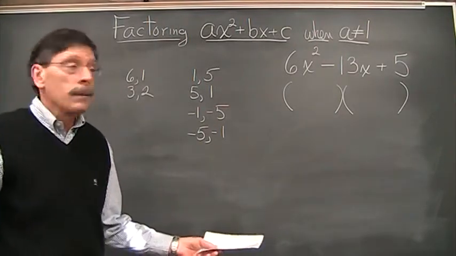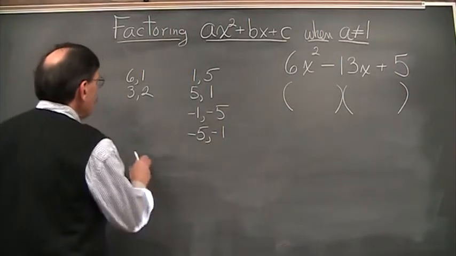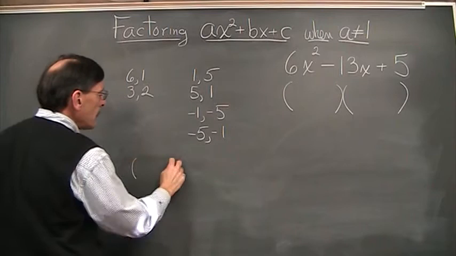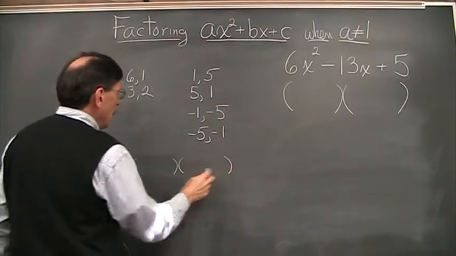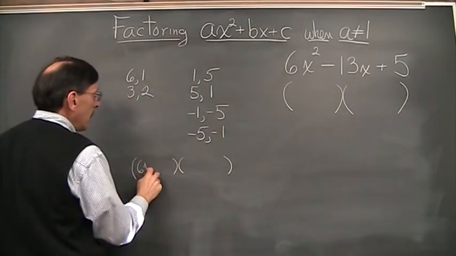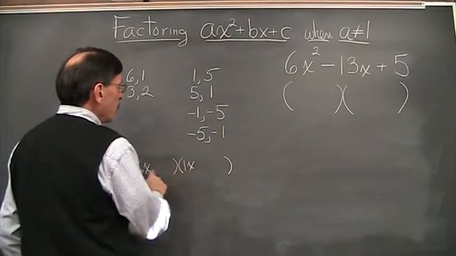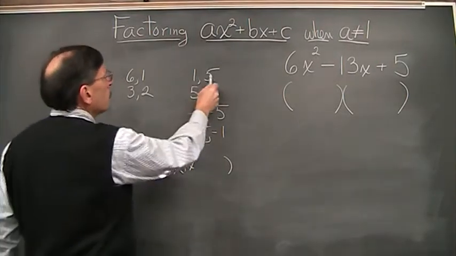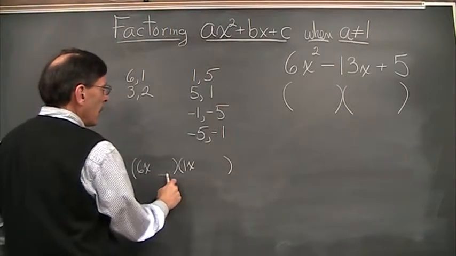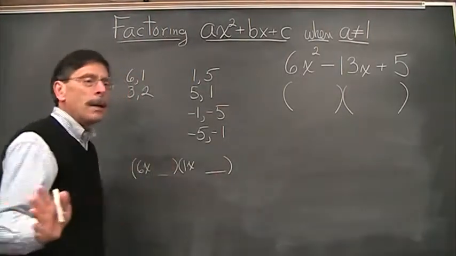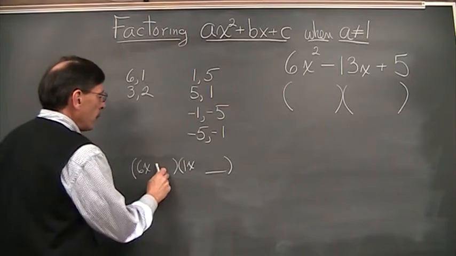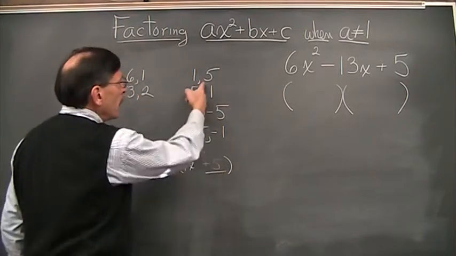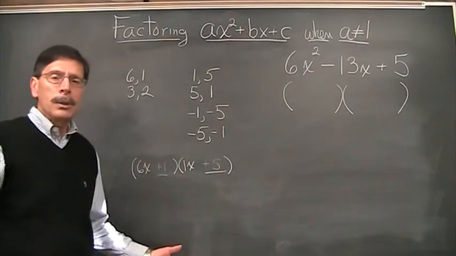Let's begin the work. We start checking, and I'll begin checking with 6 and 1 in the first positions, and I'll write 6x and 1x in the first positions. And for the second positions, I'll write plus 1 and plus 5. But wait a minute. If I write a plus 1 here and a plus 5 here to check this pair, it can't possibly check.